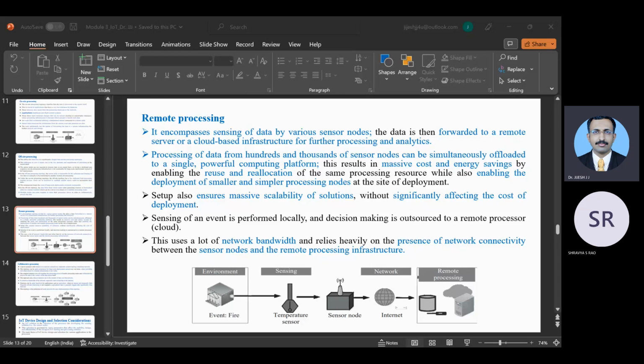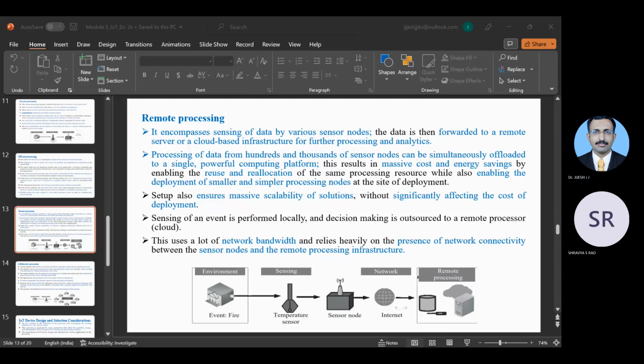For on-site, the main concern is latency, or that the delay should not be there in the transmission of information. But here the information is not that important, so there can be some latency, and with some cost optimizations we can reduce the cost of production. Everything can be taken care of in this case. Is that clear for you? Let us move on to the next one.